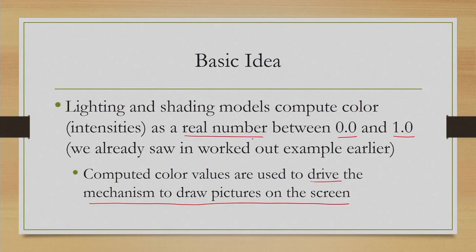Now, this generation of electron beams is done through an electromechanical arrangement consisting of cathodes and anodes and magnetic fields, and this electromechanical arrangement is controlled by the values that we compute at the end of the pipeline stages. So, our ultimate objective is to use the intensity values to drive the mechanism that actually is responsible for drawing colors on the screen or drawing pictures on the screen.